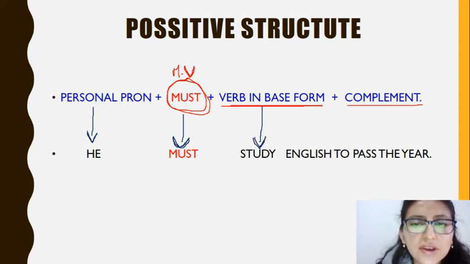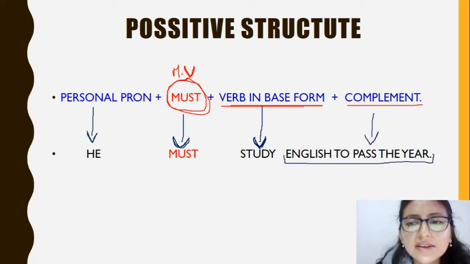El verbo en su forma base. And what is the complement? English to pass the year. This is the complement. So, él debería o debe estudiar inglés para pasar el año.